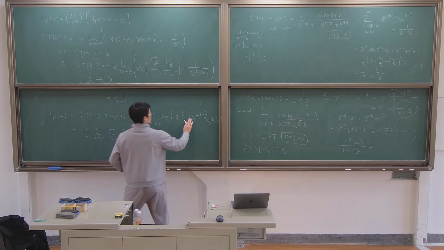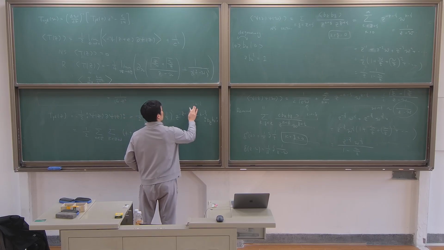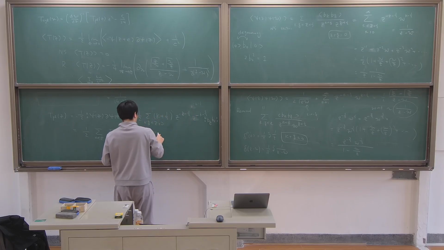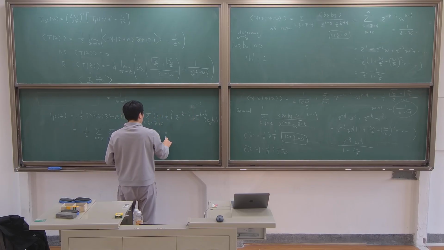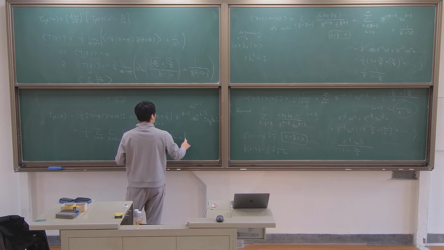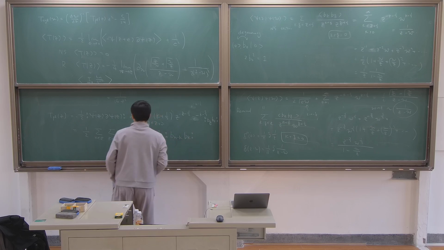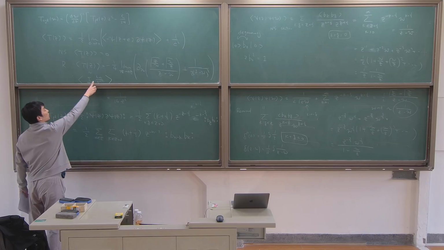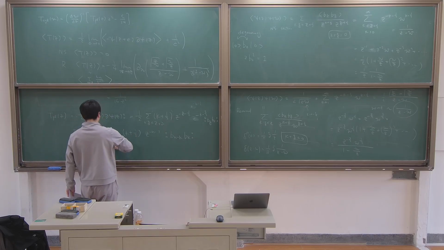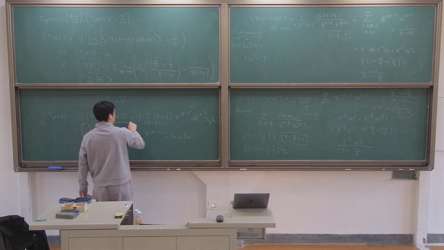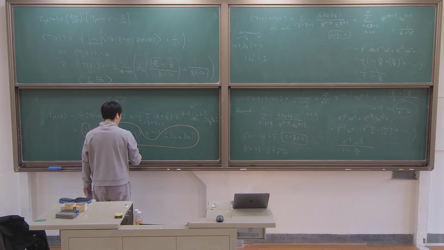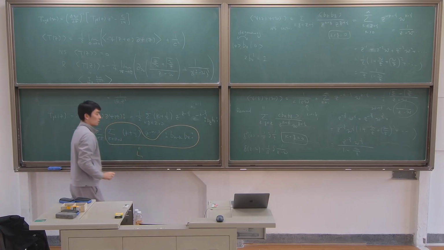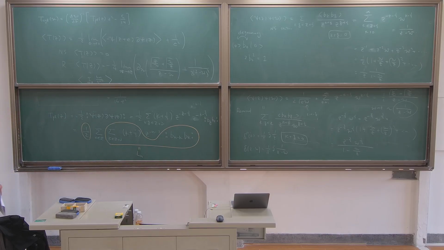Oh, sorry, this is Z. Like this. Therefore, if you compare between this one and this one, this guy is equal to Ln. Is it okay?